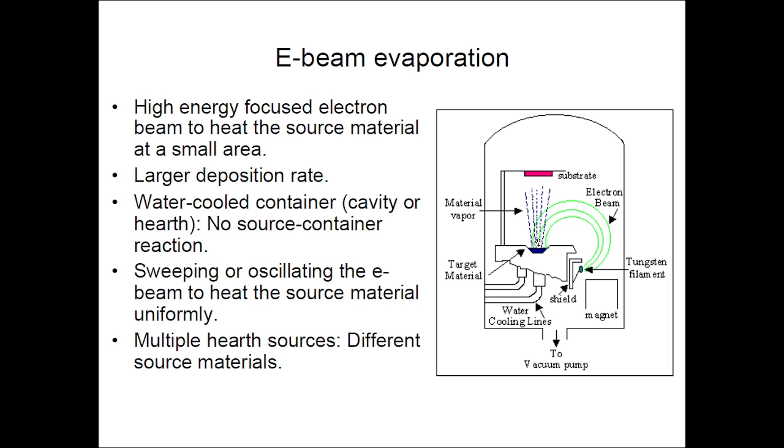We know that an electron in a magnetic field executes circular motion. So the electrons coming out from here will go directly to the target material in a circular path to get evaporated and coated on the substrate.